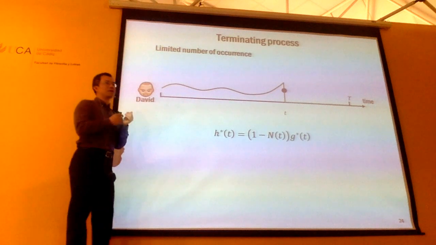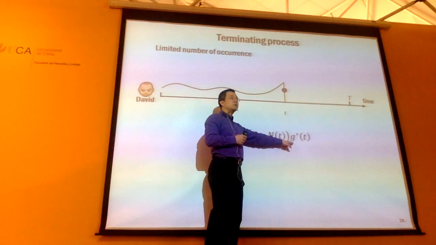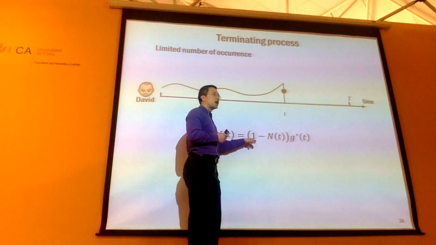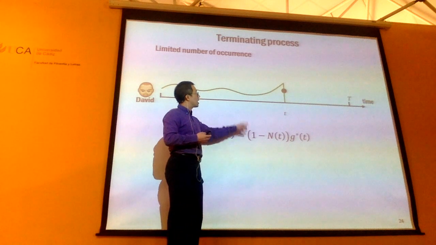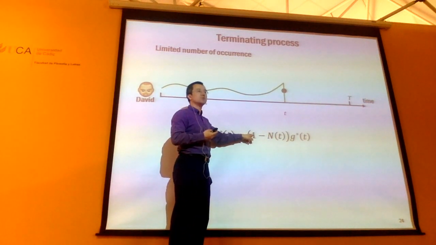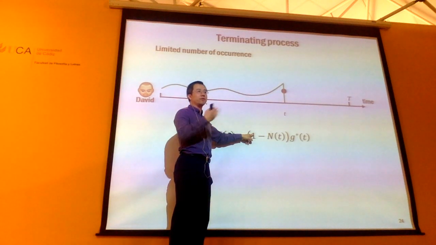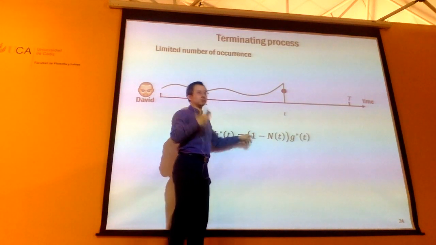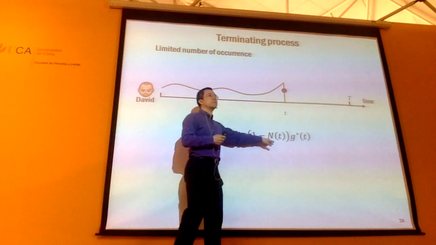You are not going to have any event anymore. Okay? It's just a combination of an inhomogeneous Poisson process and some quantity which depends on the history. Right? You can imagine that you can turn this process into something more advanced by changing this to 2, 3. Yeah? You can allow for 2 or 3 events to happen before you zero out the intensity. Right? It's just a combination of an inhomogeneous Poisson process and some term that depends on the history.